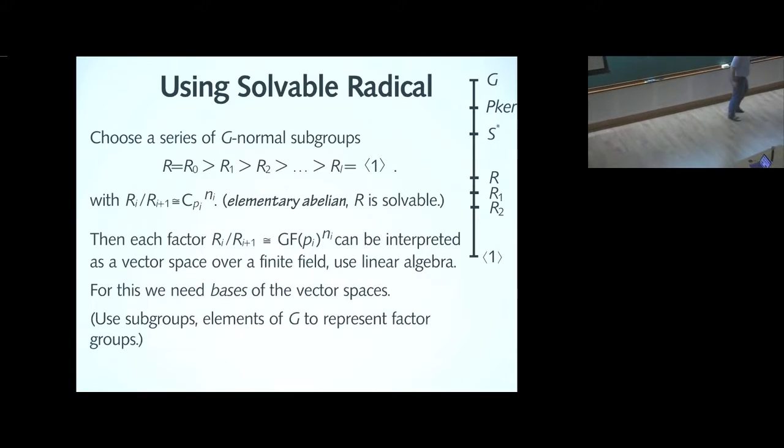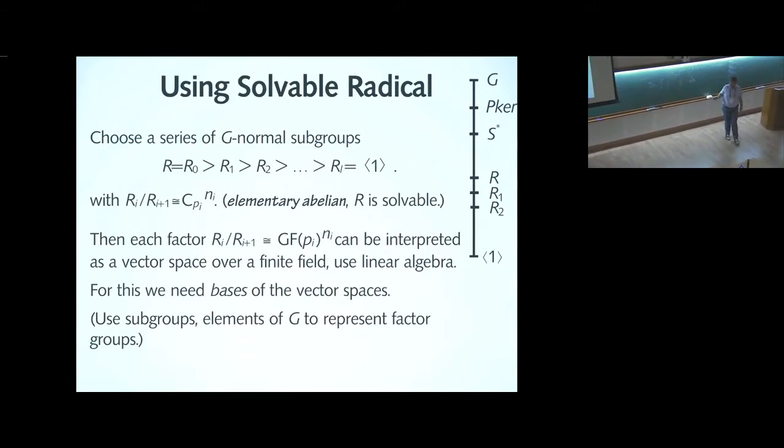For each of the vector spaces, if I want to do anything with it, I need a basis. And such a basis is basically given by part of a polycyclic generating system. That's exactly the kind of generating system Heiko talked about. He talked about p-groups, but you can do the same thing for solvable groups, and we calculate such a generating system for the radical.